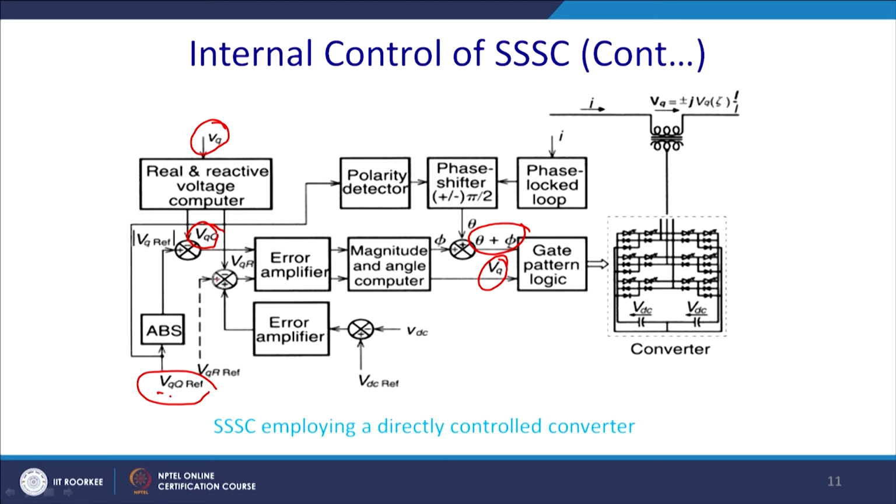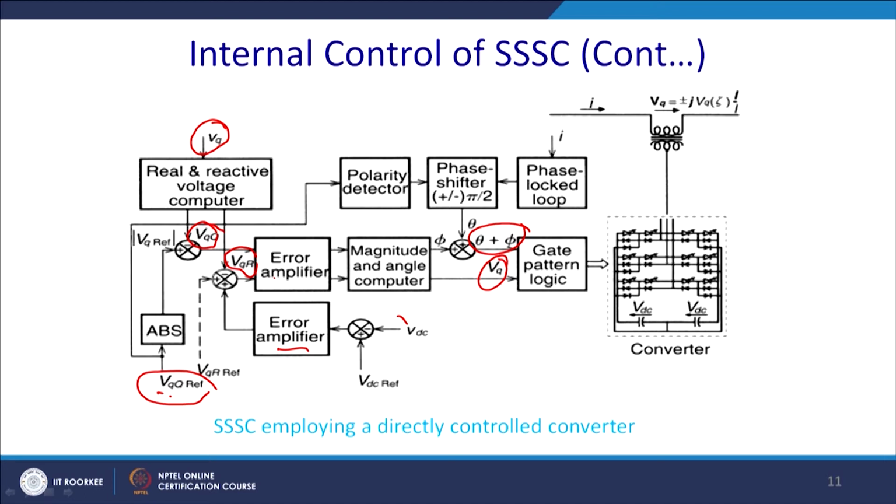Since you are required to maintain the DC bus voltage at the desired level, from VDC and VDC ref you will feed a PI controller. This error will be added up, and you should have an actual calculation of VQR that has to be subtracted. Then you feed this value to the error amplifier.